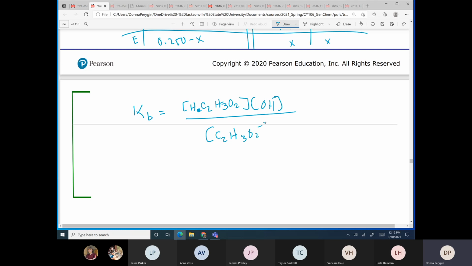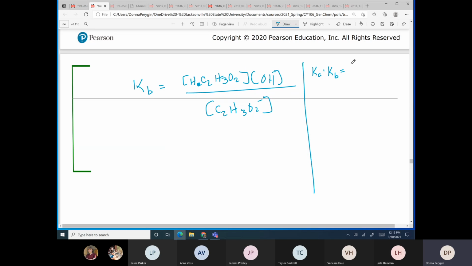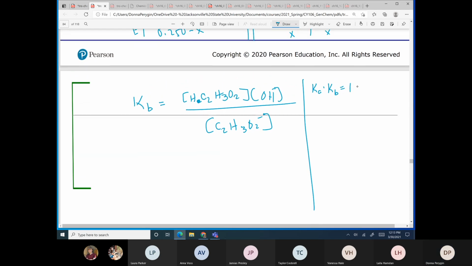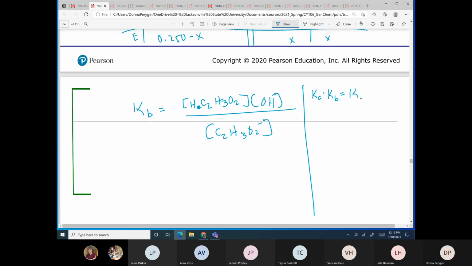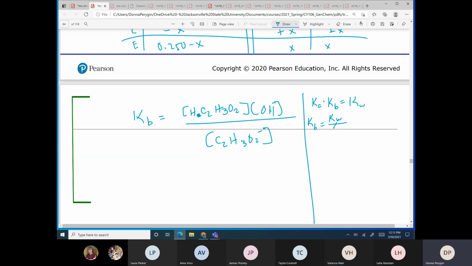All right, so I got to solve for KB because I don't know KB, so I can get KB from Ka, okay? So I can say Ka times KB equals KW. So KB is equal to KW over Ka.